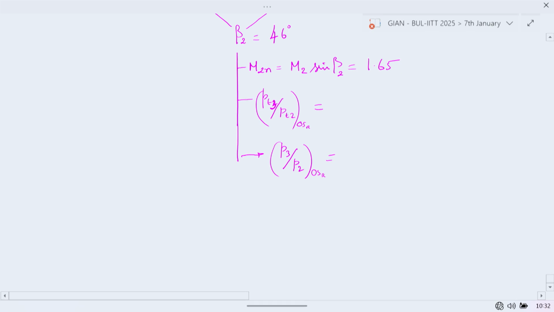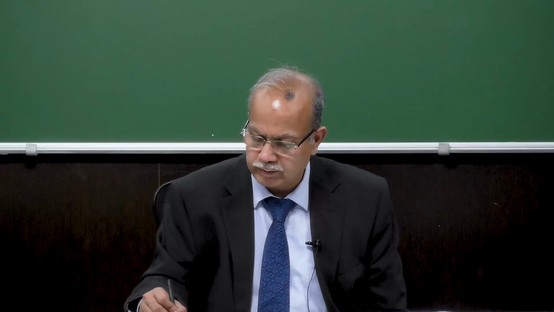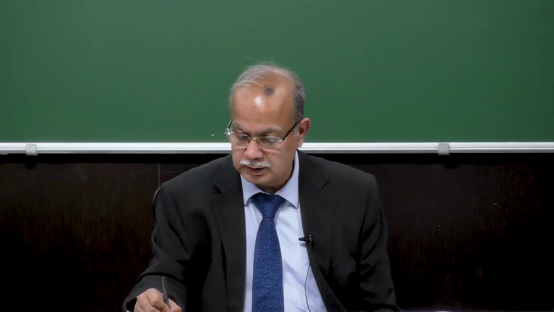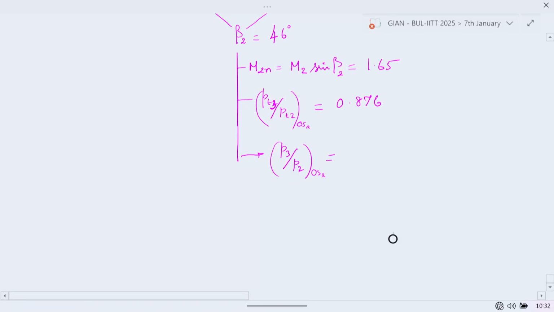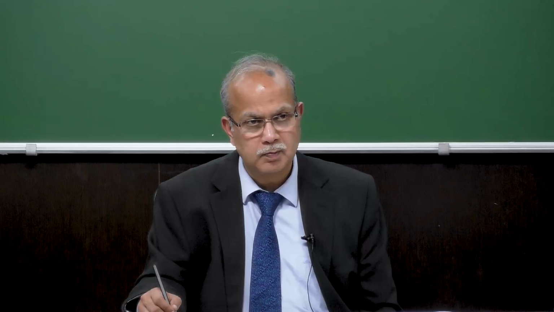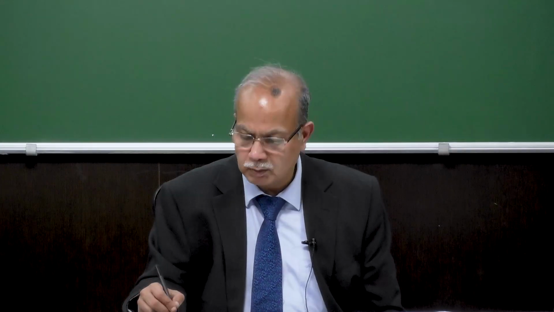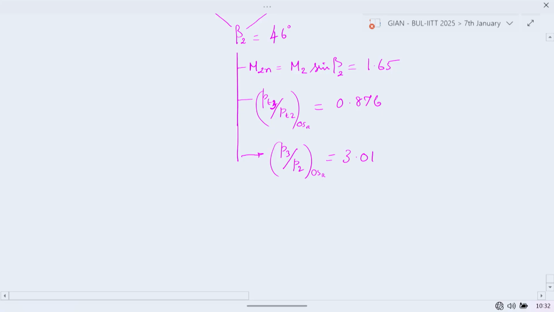For 1.65, what is the total pressure ratio? 0.876. And for this one, the static pressure? 3.01.